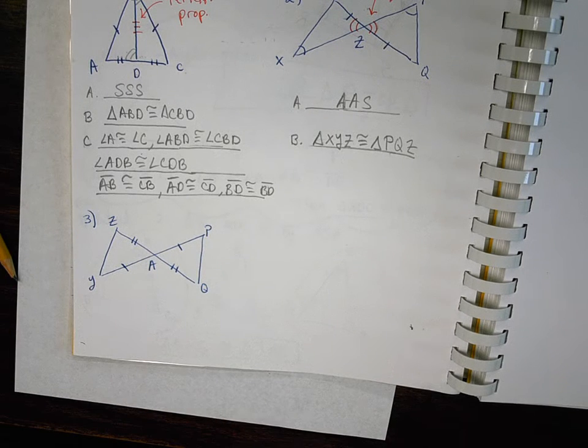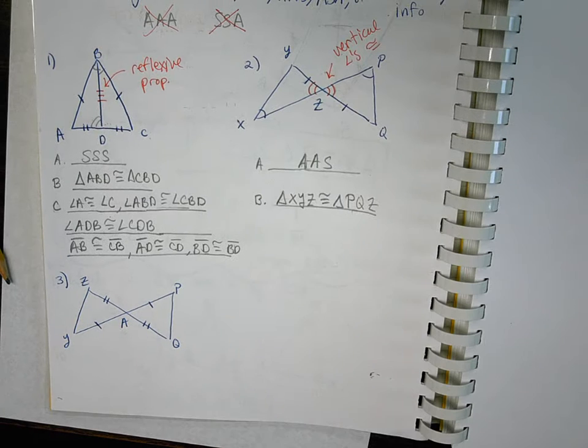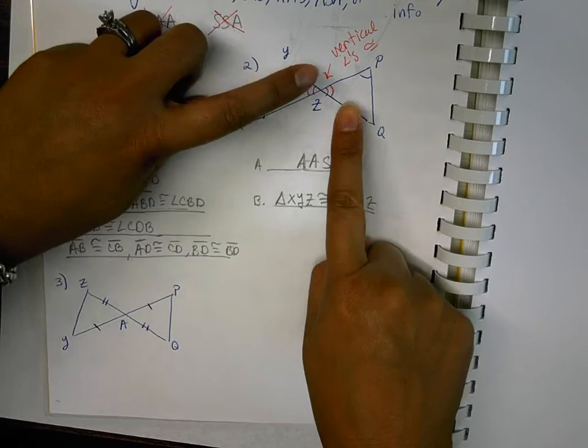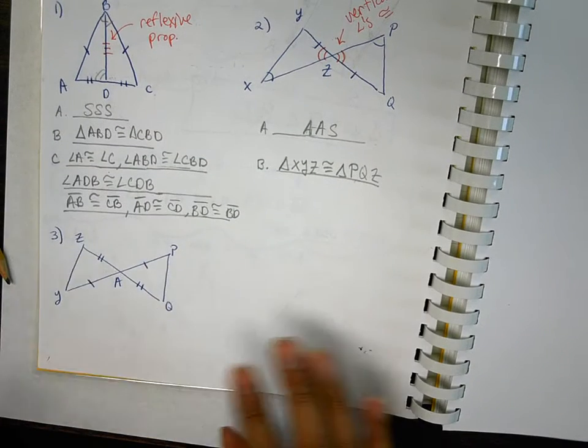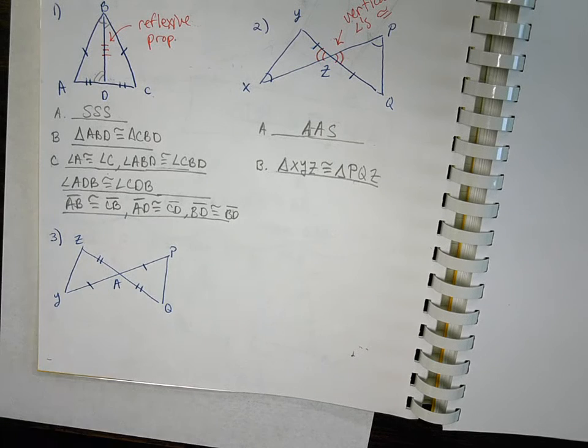Is this exactly like the last one? Does the picture look similar? Yeah. But the markings I gave you, are those the same or different? Different. Last time I gave you one set of sides and 1 set of angles. This one I gave you 2 sets of sides.